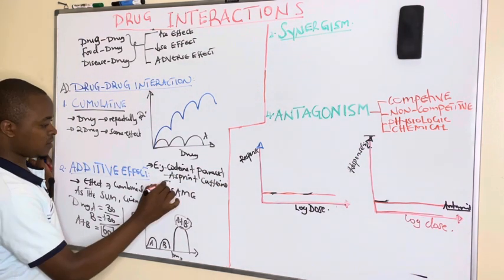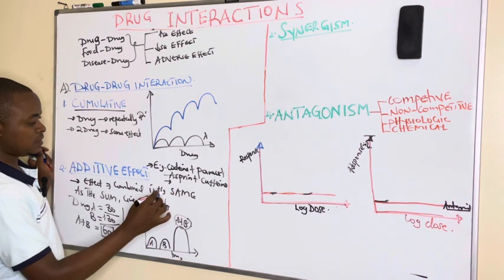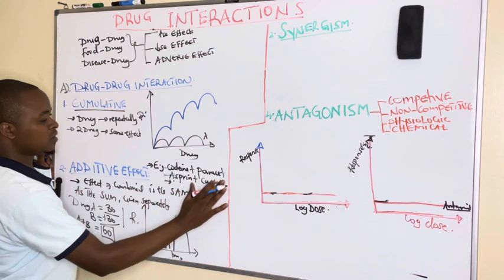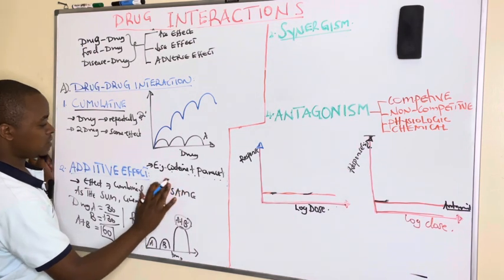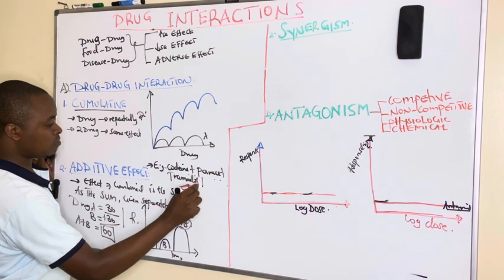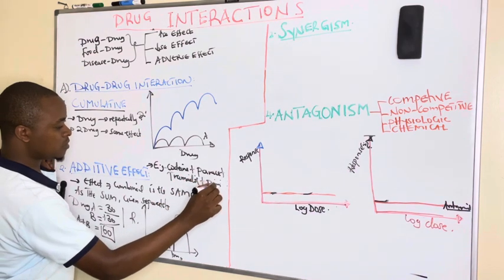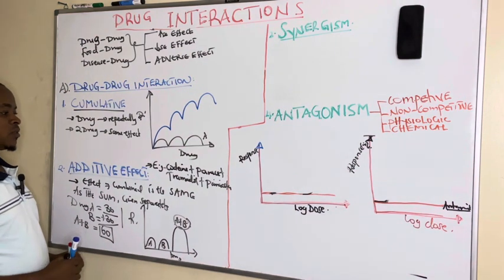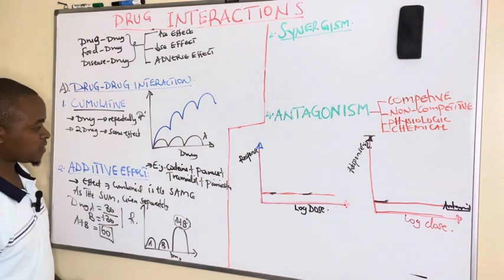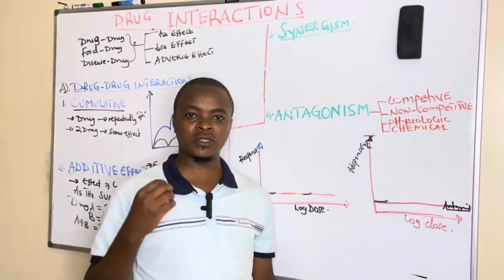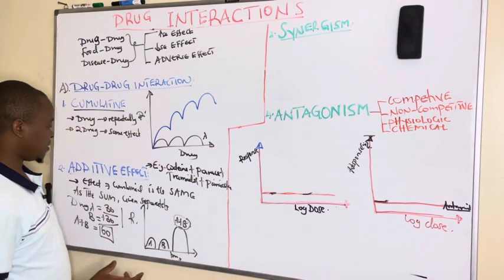And when tramadol is combined with paracetamol, we produce a high analgesic effect. So these two examples, codeine plus paracetamol and tramadol plus paracetamol, we see them producing additive effect.